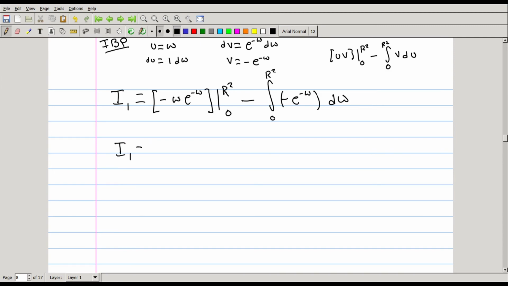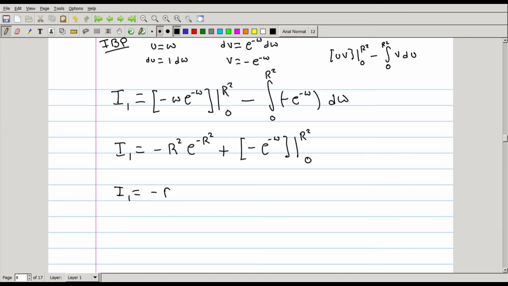So I1 is equal to negative r squared e to the negative r squared. When you plug in 0 here, you get 0 times e to the 0, which is 0. This becomes plus the integral of e to the negative w, which is going to be negative e to the negative w, evaluated from 0 to r squared.